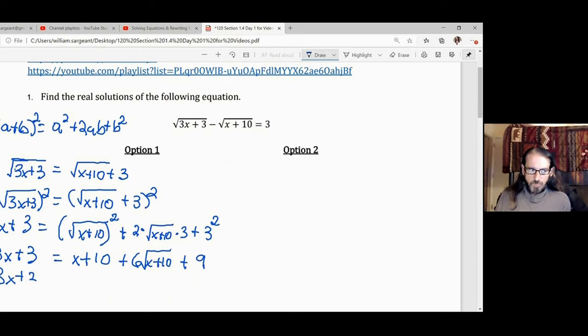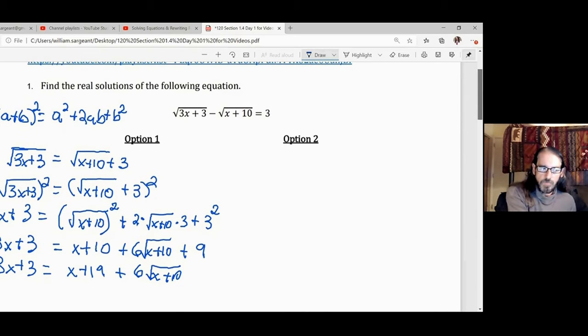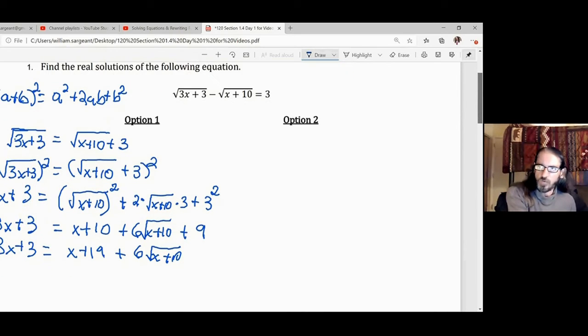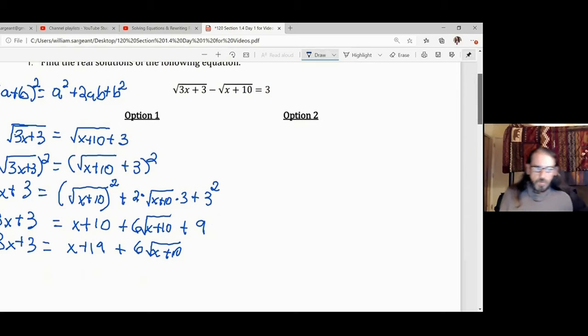Clean things up a bit by combining like terms on the right-hand side. And notice that that has given us only a single square root on the right-hand side, whereas we started with 2.